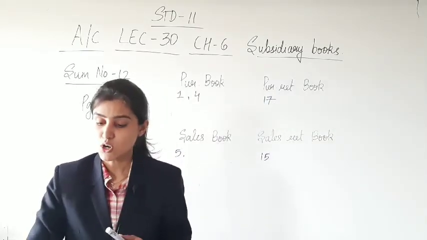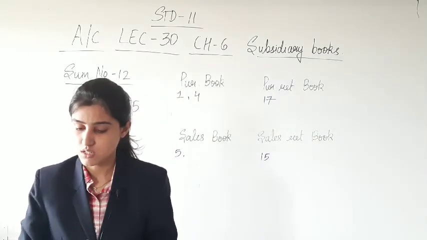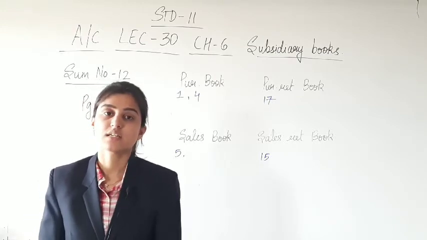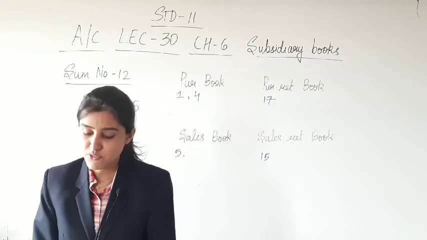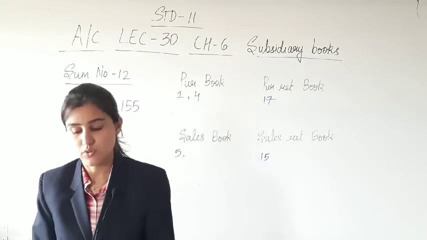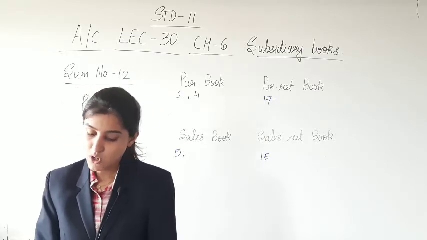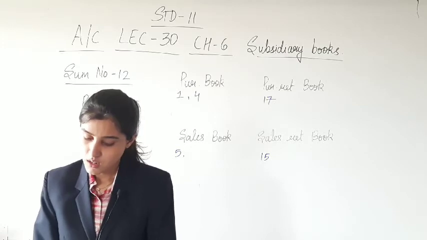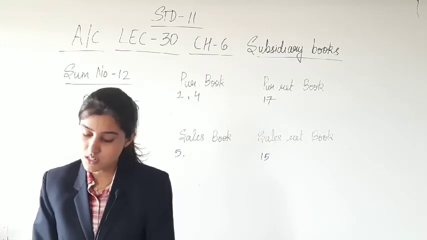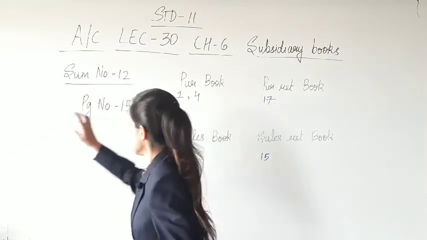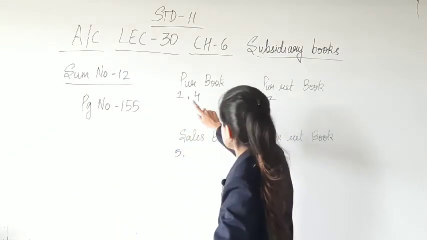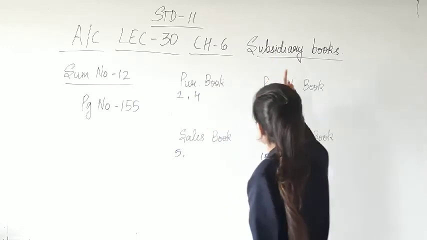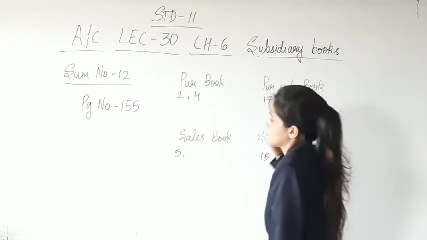And 40% of 12,000 is 4,800. On 4th of November, goods have been purchased from Nirmi of 12,000, and on 17th of November, the goods are returned to Nirmi. This date it is purchased, on this date it is returned. 12,000, 40% of 12,000, 4,800.